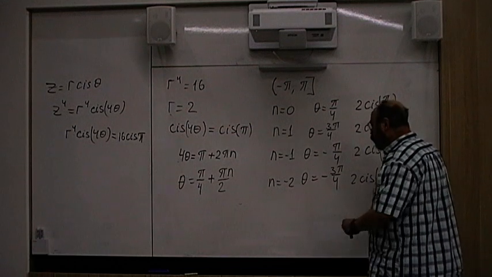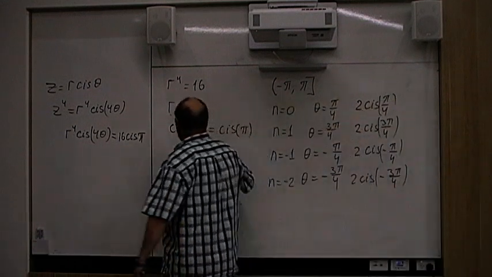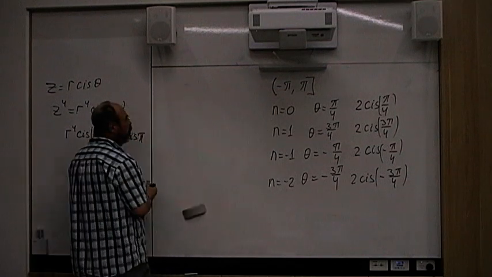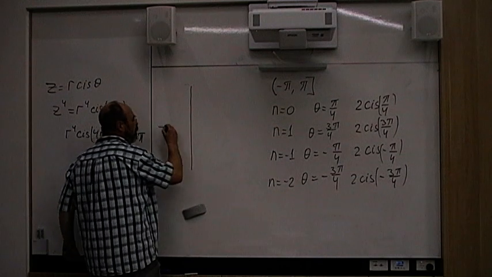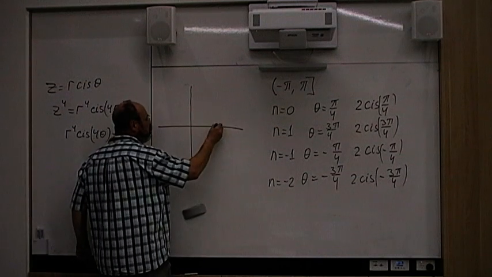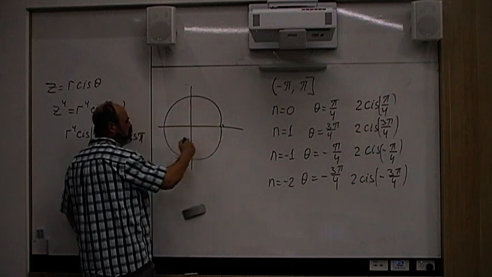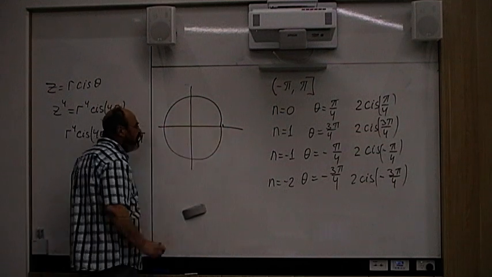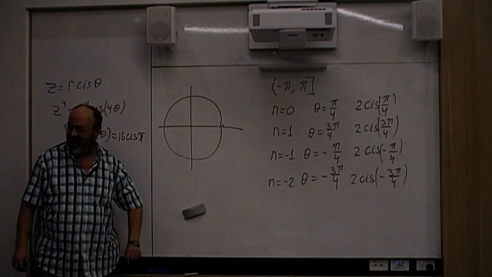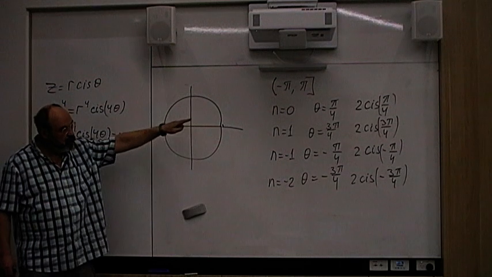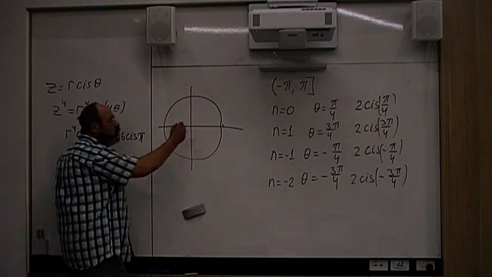Let's put those solutions on the Argand diagram. And we see they all have the same r, 2. So they will be on a circle, not the best circle, but let's assume that it's a circle. They are all on the circle with the radius 2, because they all have modulus 2. And how are they positioned?